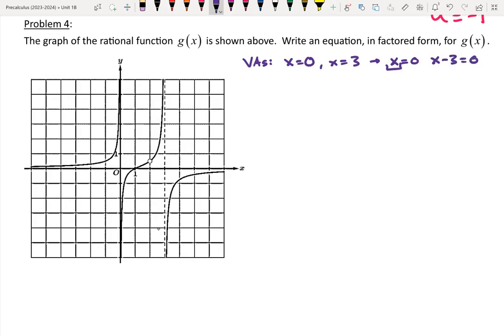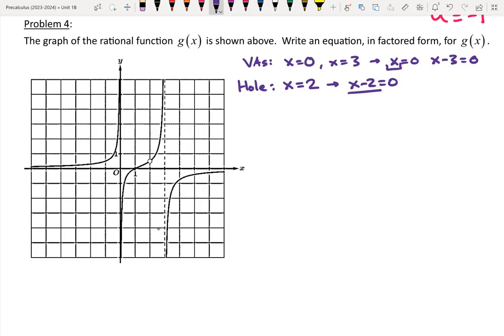Those would be our two factors when we put it into our equation. And then I also see a hole at the value of x equals 2. So that would give us the factor of x minus 2 equal to 0.